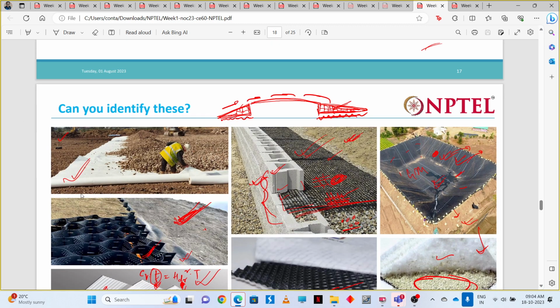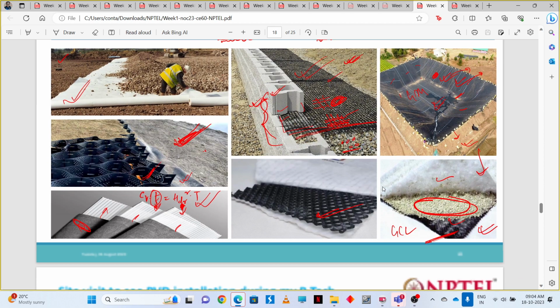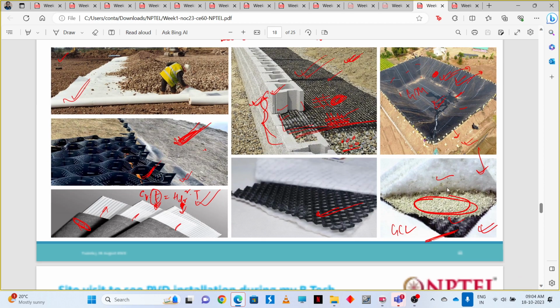The first one was geotextile. This one is geogrid. The third one is geomembrane that we discussed yesterday. This one is GCL, geosynthetic clay liner, that we also discussed yesterday. Then this one is geocomposite, where we have geonet sandwiched between two layers of geotextile.